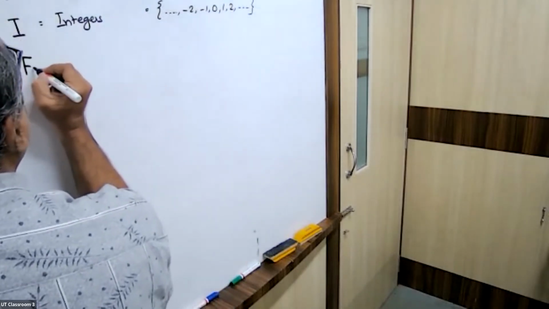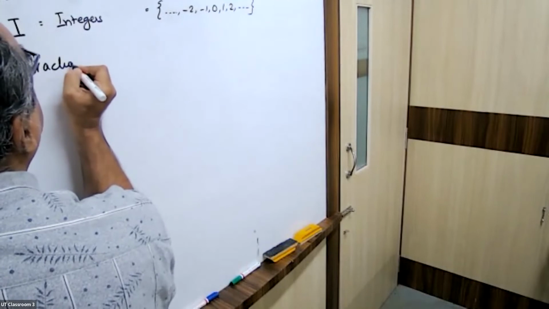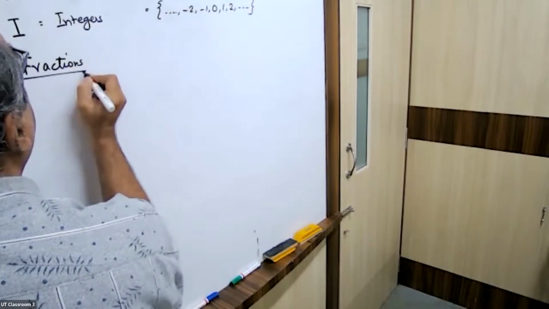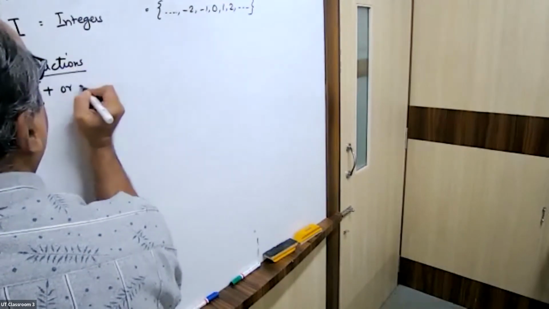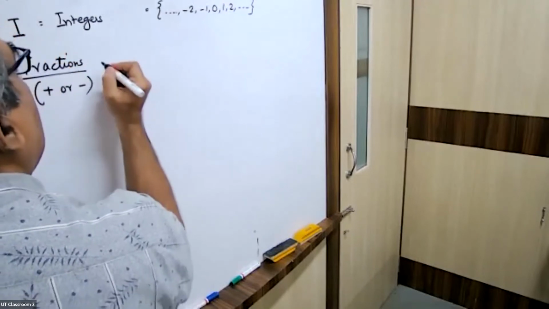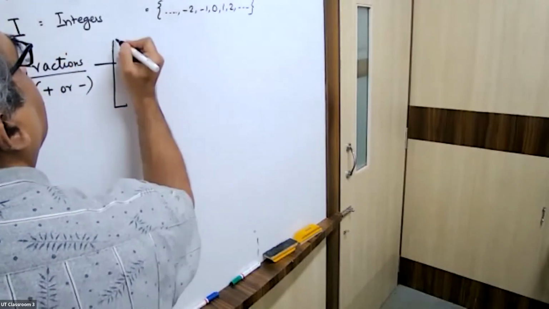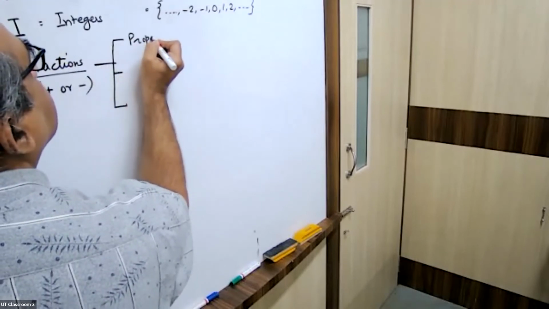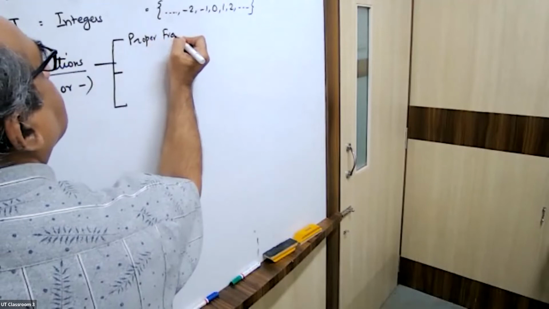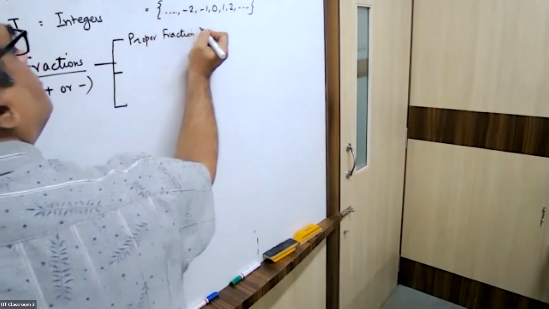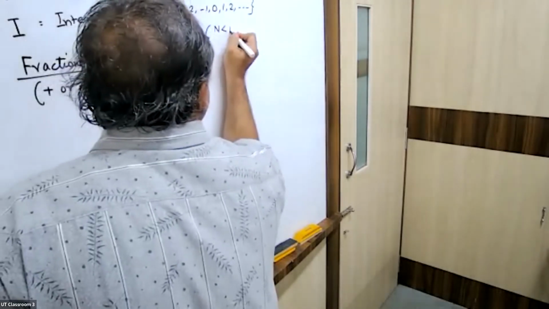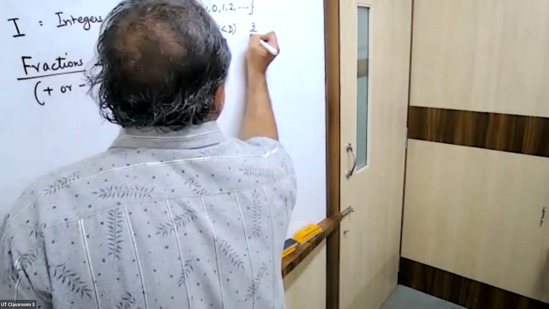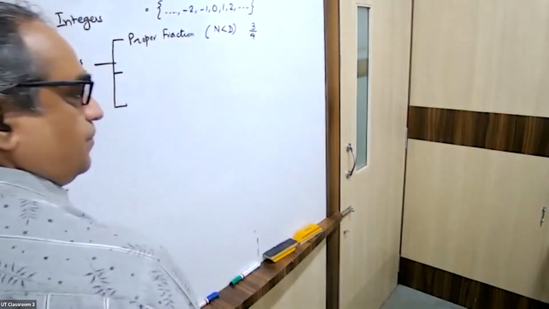Then you learn something called as fractions. Now there are positive or negative fractions. And again, there are three types of fractions here. One is a proper fraction. What's a proper fraction? Numerator less than denominator. Example 3/4.